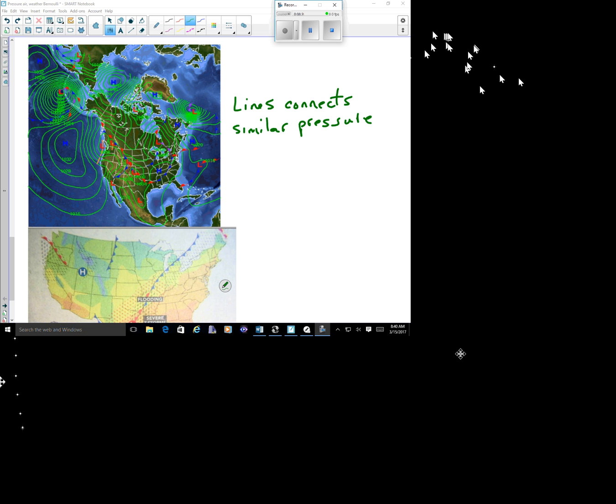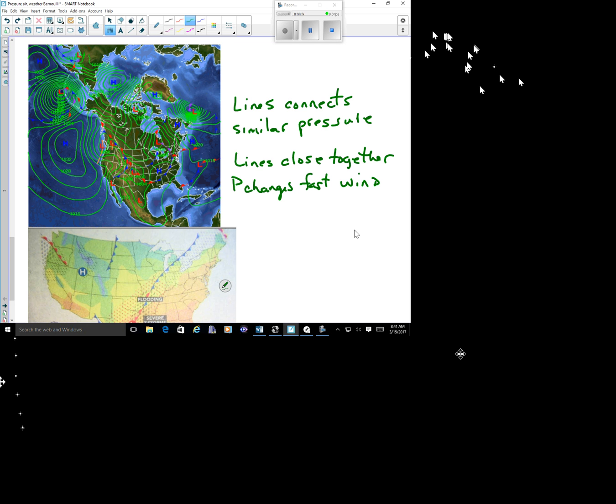Now the other thing is that different lines have different pressures. Lines that are really close together mean that the pressure is changing fast. And that usually means it's going to be very windy and often stormy.